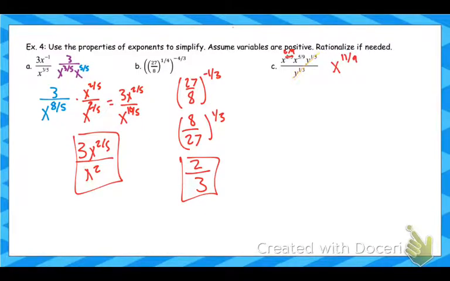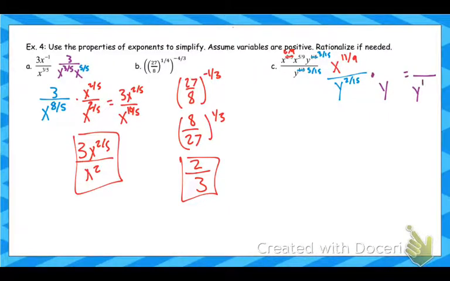Then I can combine the y's. Again, we need a common denominator. My common denominator is 15. So this would be 3 over 15 and 5 over 15. The larger one's on the bottom, so I'll do 5 over 15 minus 3 over 15, and that's 2 over 15. Then the last thing I need to do is rationalize. So times y to the something, and I want to get a whole number.